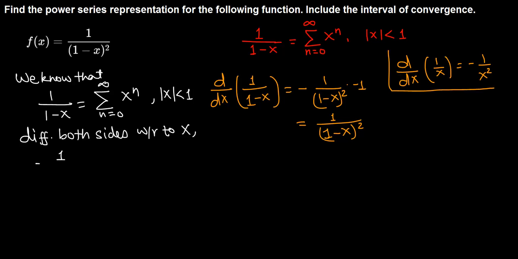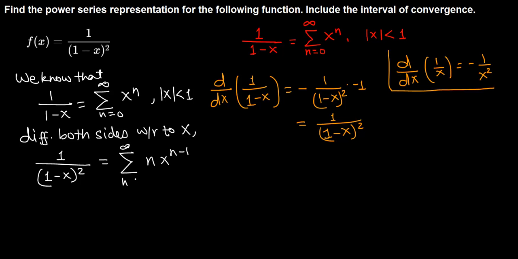That's going to be 1 over (1 minus x) quantity squared equals the derivative of this, and we can do term by term. So we find the derivative of x^n, which is n x^(n-1), with n from 0 through infinity.